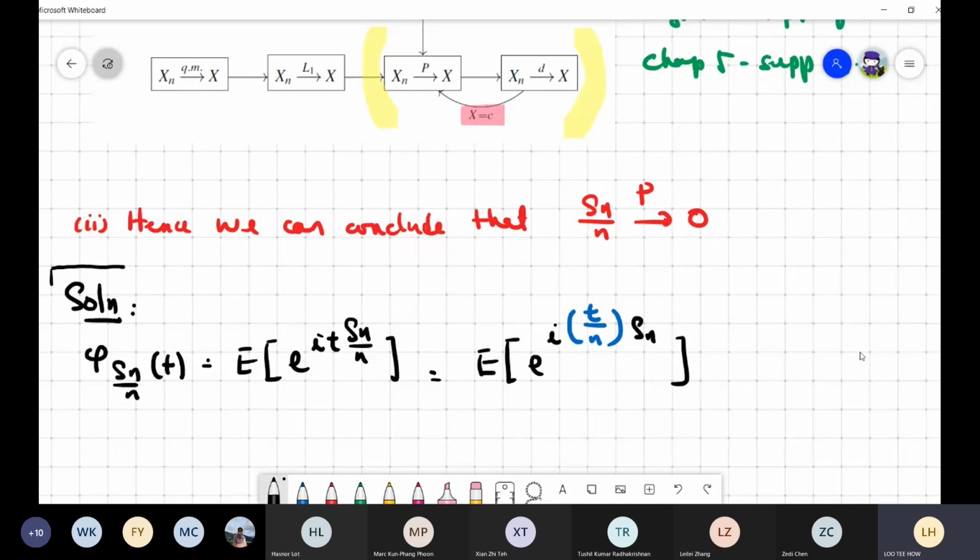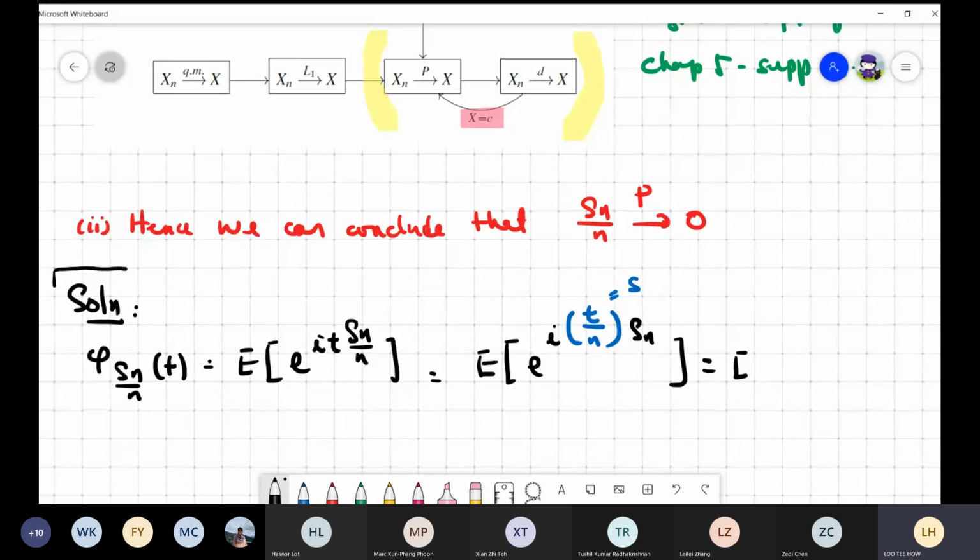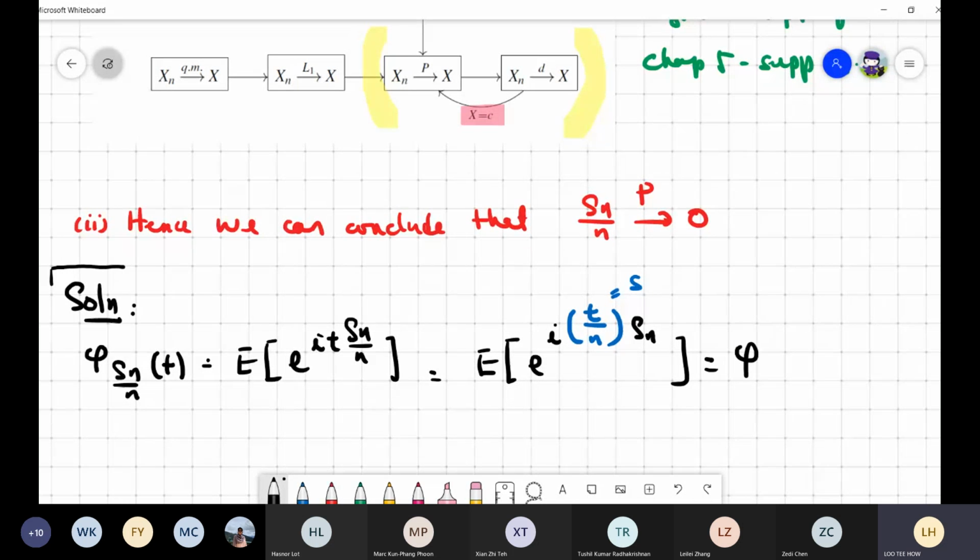So you may replace this with our new parameter. So we can let this be, let's say, s, then this will be equal to phi_{S_n} of t over n. Okay. So again, we just let this one be s.